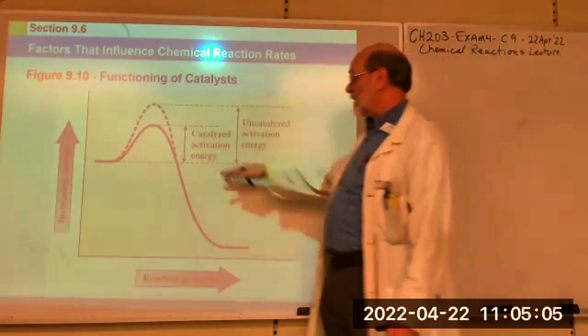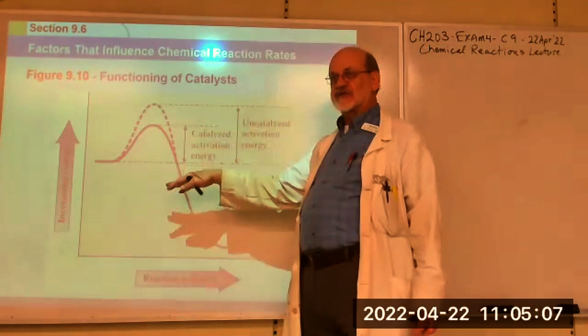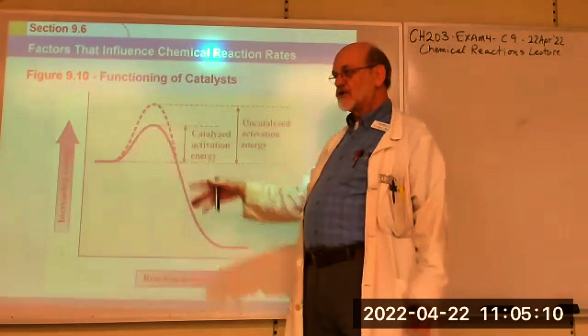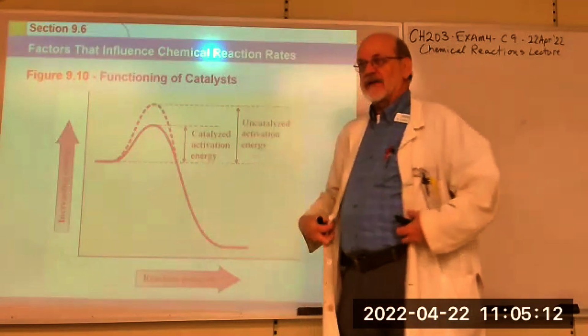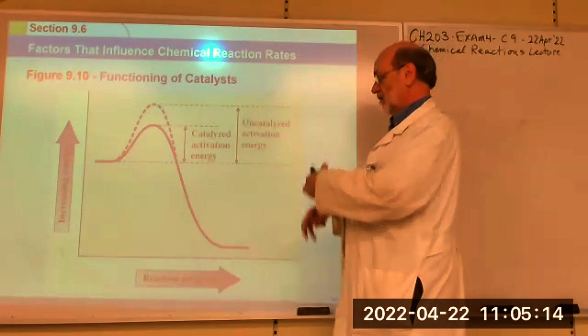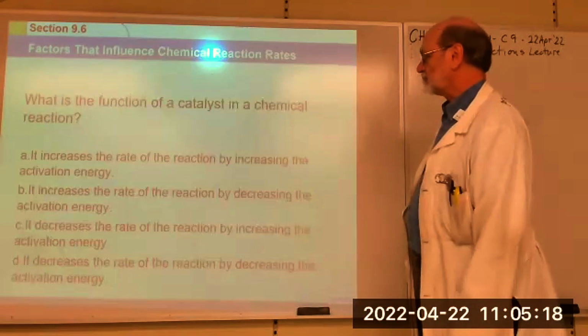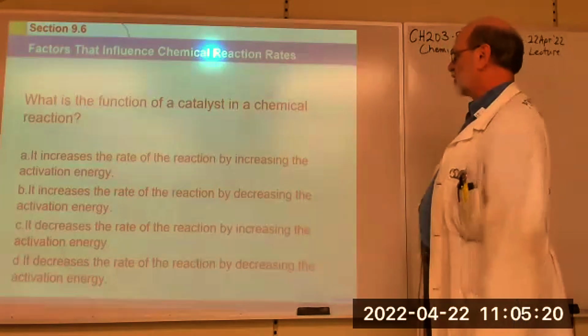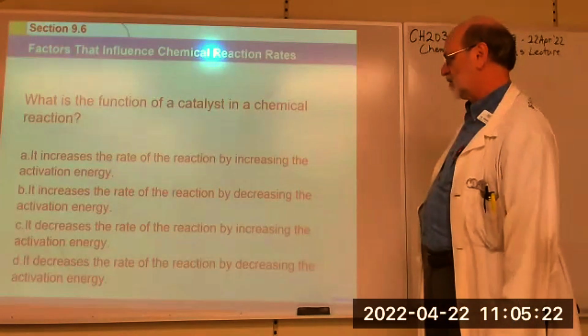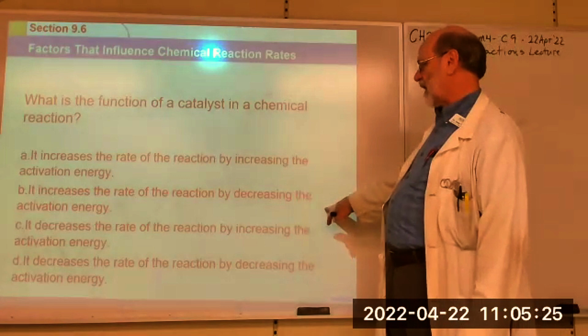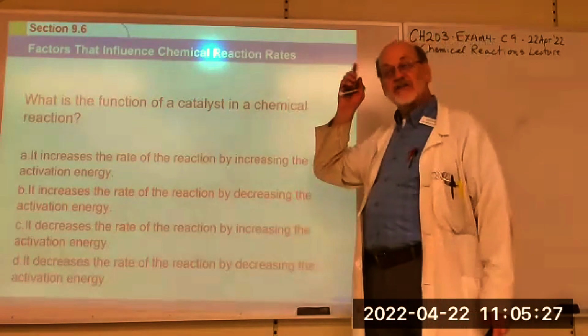And that's why the reaction rate with a catalyst is faster, because you effectively increase the number of reacting species in your mixture at a given temperature. Okay, so the function of a catalyst in a chemical reaction is to increase the rate of the reaction by decreasing the activation energy.